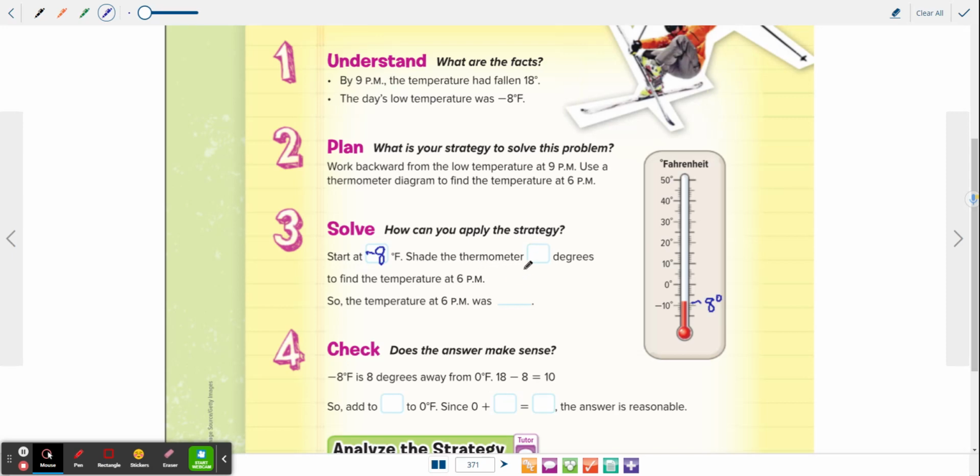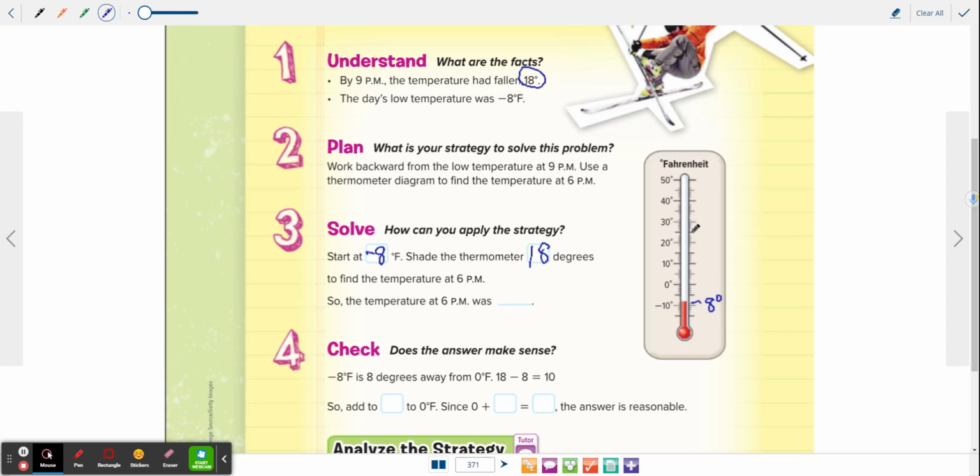Now we're going to shade the thermometer. I don't know how many degrees to find the temperature at 6. Well, how far did it fall? It fell 18, right? So we're going to shade 18 degrees going up because we're working backwards. It fell 18 degrees from 6 to 9. This is 9.